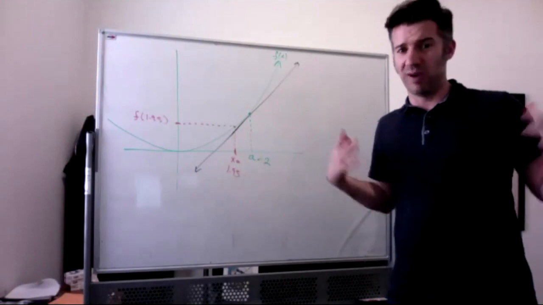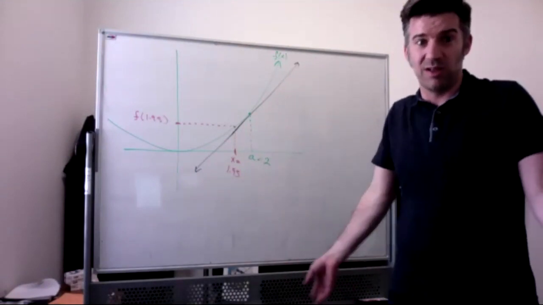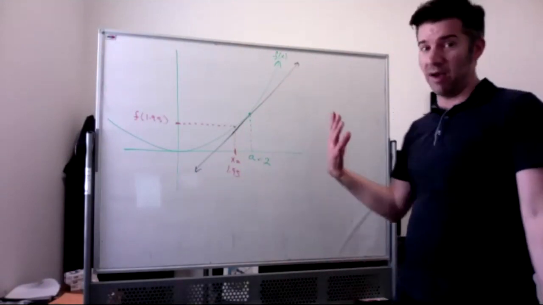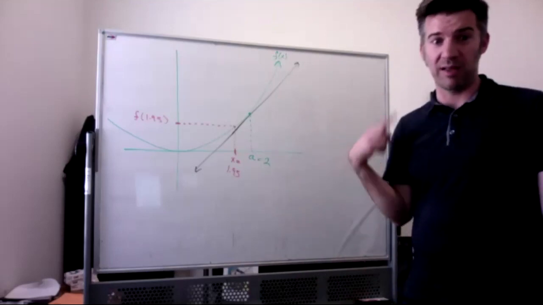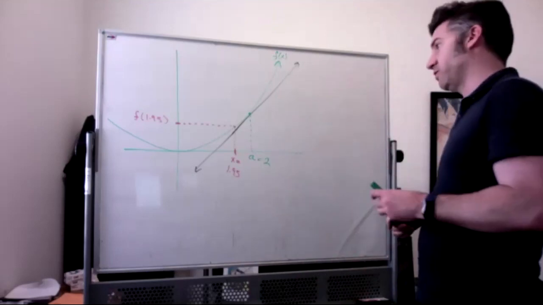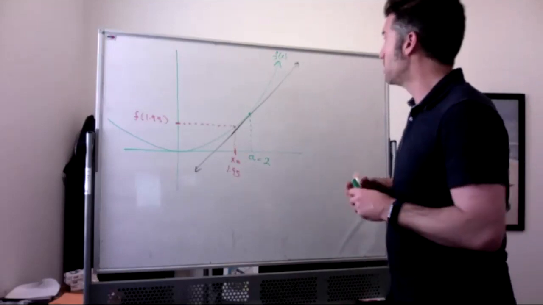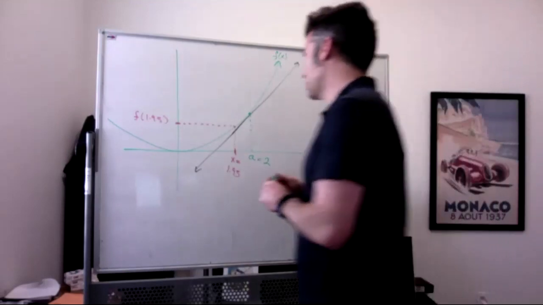It's always going to be relatively easy to plug in something to a line. You're literally just taking your value of x, multiplying it by the slope, and adding the intercept. So here's what's happening.